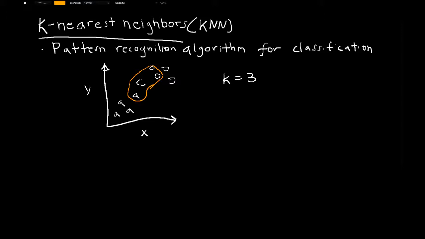This one's an A, these are all A's over here, and these are all O's. The three closest neighbors will decide what this new point C will be. In this case there are two O's and one A, so we're going to classify C as an O.